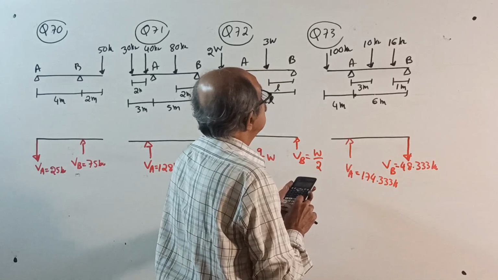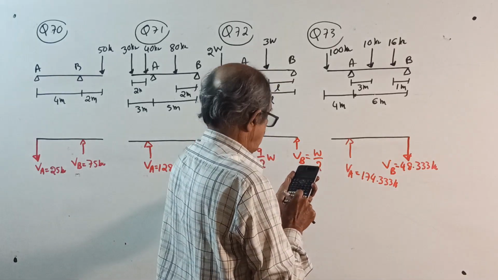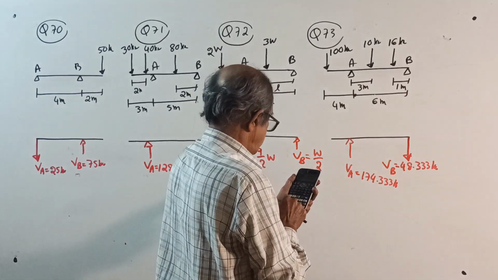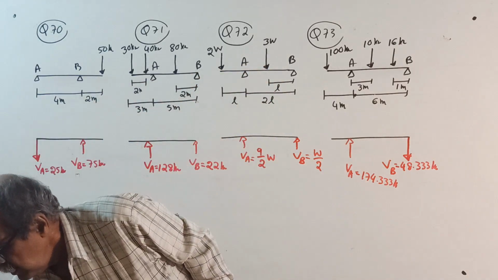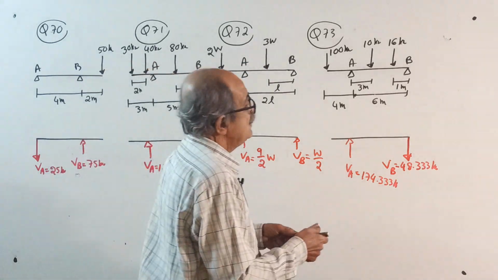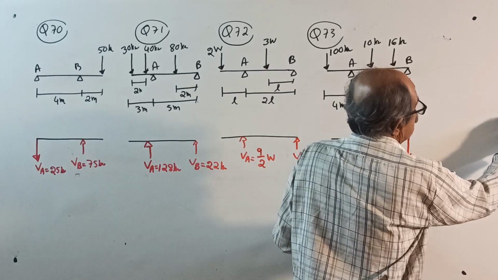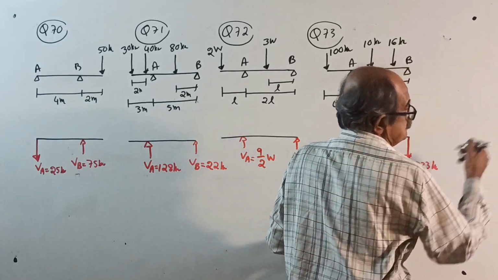I check the answer: 16 into 1 plus 10 into 3 plus 100 into 10 divided by 6. Perfectly correct. Okay, now 70, 71, 72, 73 over. Next, 74.